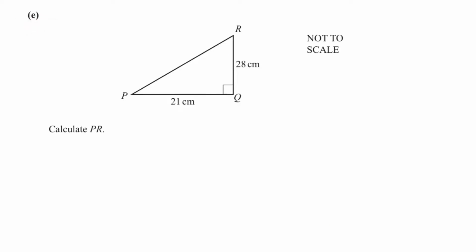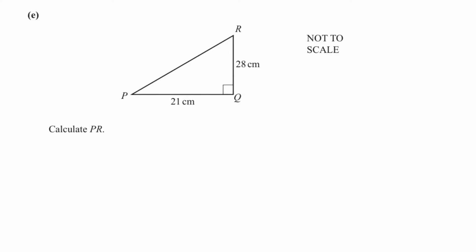In question number A, we have been given a triangle, and two sides have been given to us, and one angle is 90 degrees. We are asked to find the third side. Whenever two sides are given and one angle is 90 degrees, we have to use the Pythagoras theorem.